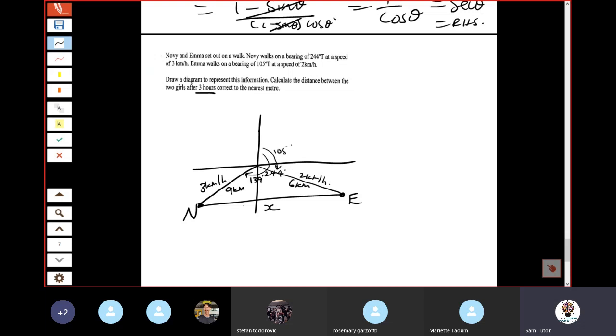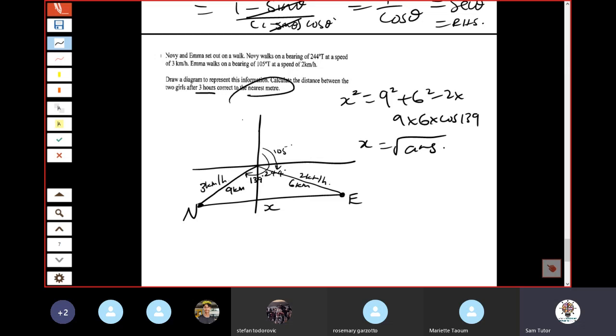Can anyone tell me what I'm going to use to find x? Cosine. X squared equals 9 squared plus 6 squared minus 2 times 9 times 6 times cos 139, and then you just square root the answer. If you don't write it to the nearest meter, you lose 1 mark.